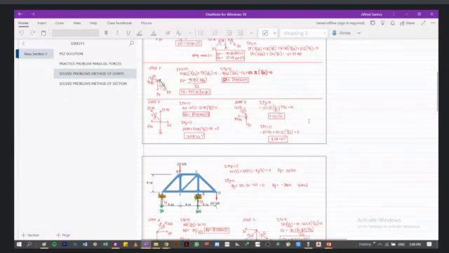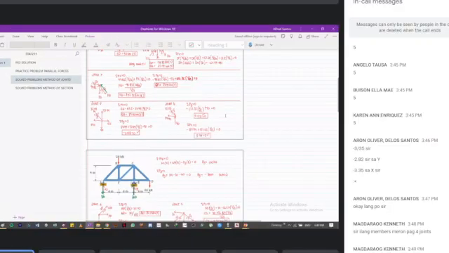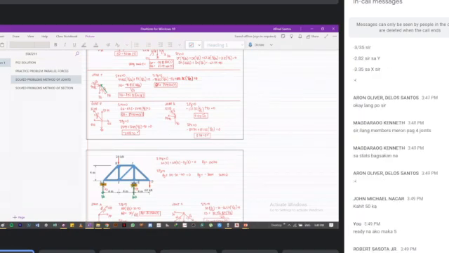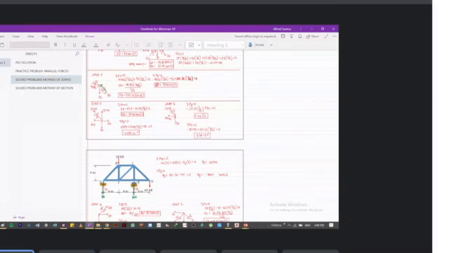Story ka rin sana yung akin, sir, kaso bagsak po ako eh. You know, 45, 50, 45. Sa statics kaya. 5 out of 120.